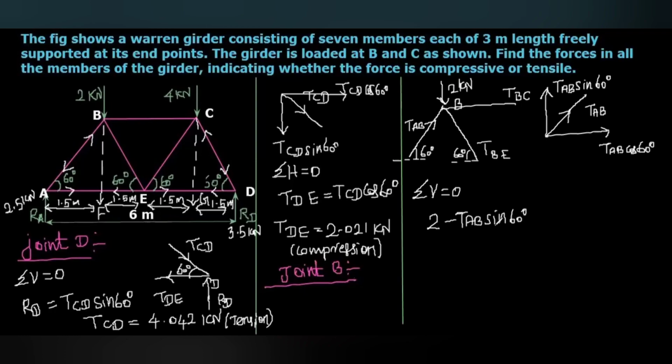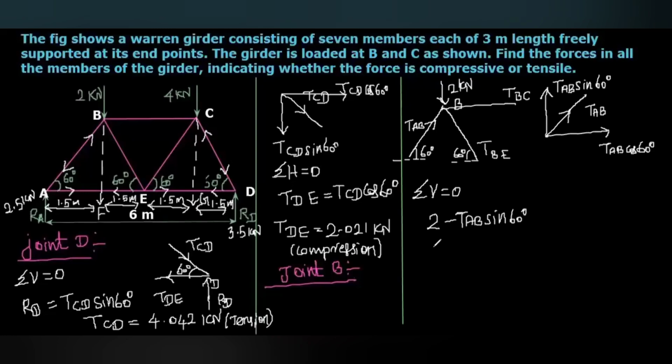Here, this one is the downward force and this one is the upward force. So which one is greater, that we are going to consider. Here the TAB value, that we know, 2.887, multiplied with 0.866, we will get 2.5.